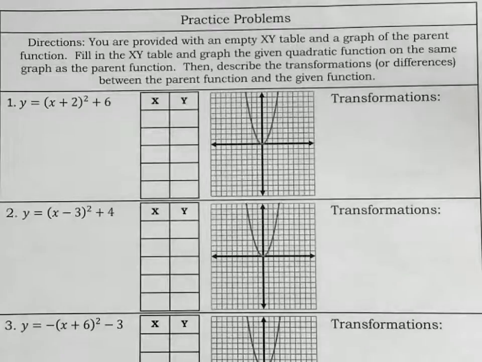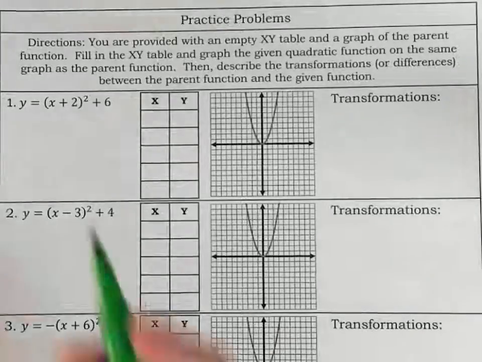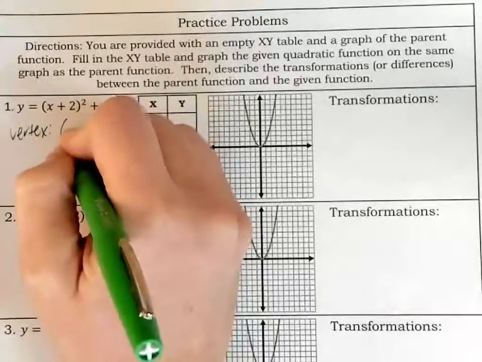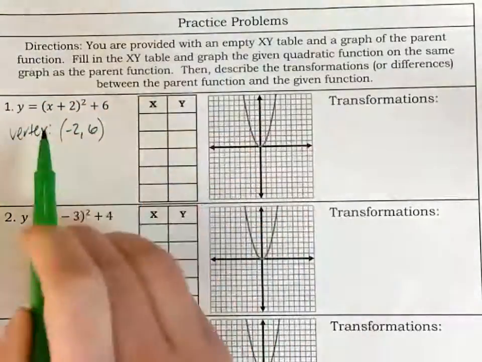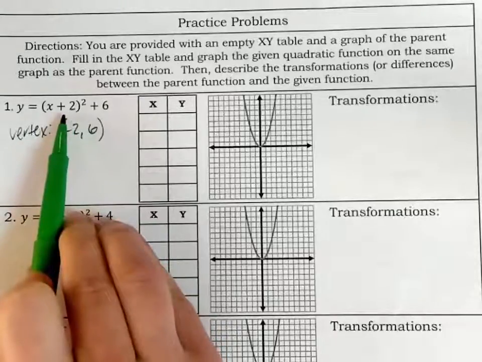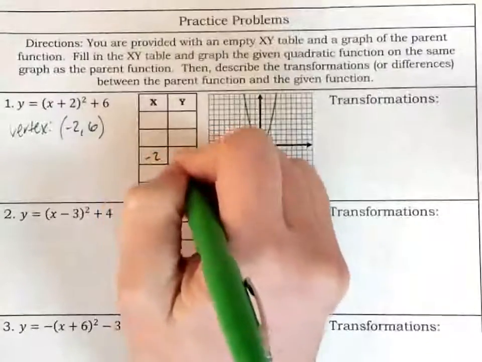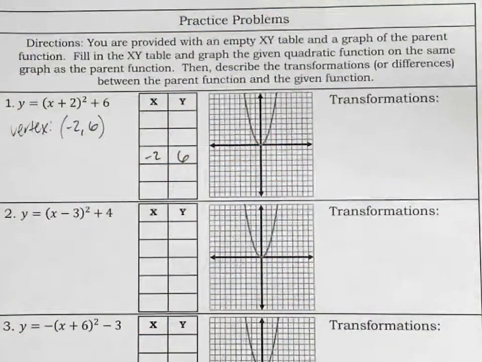For now, it is in vertex form, so we know that the vertex here is going to be at the point -2, 6, because our h value is -2 and our k value is 6. Those values go in the middle of my xy table. Then I'm just going to use my calculator to plug in the rest.